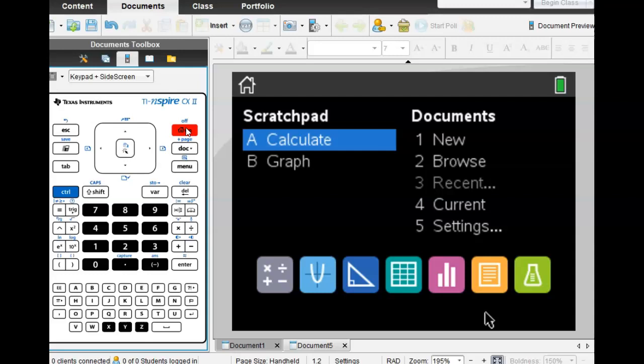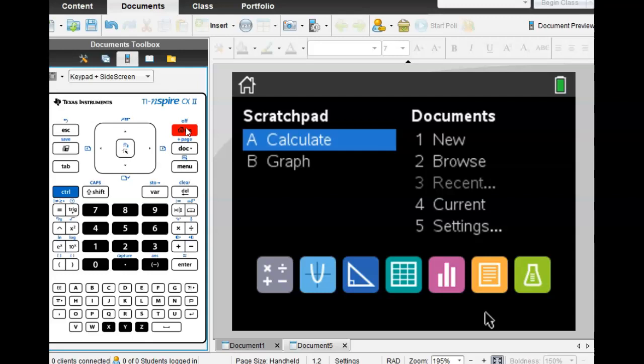Go ahead. Calculator, graph, okay, now you're with us.